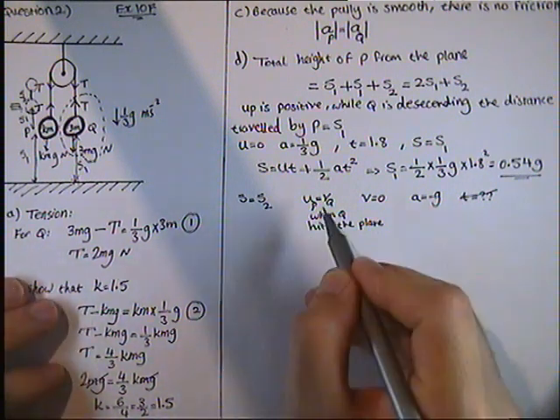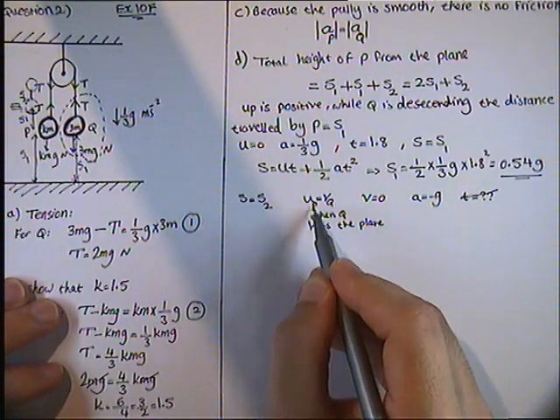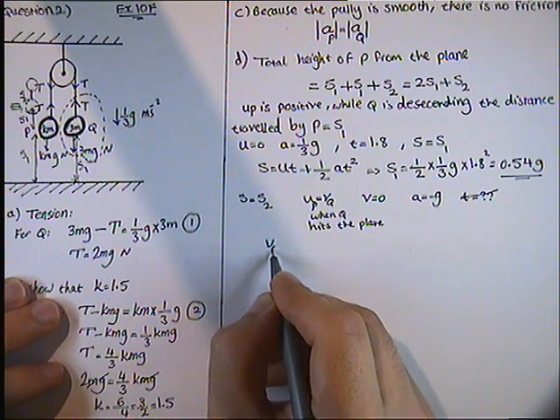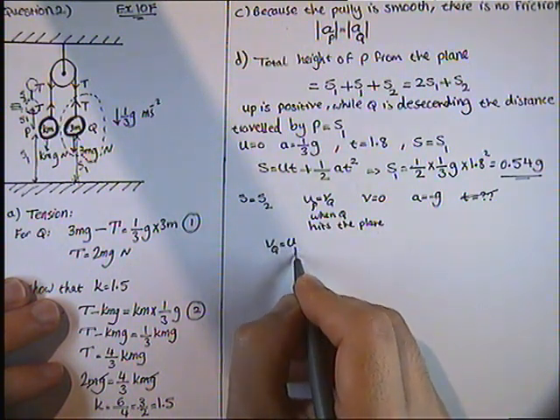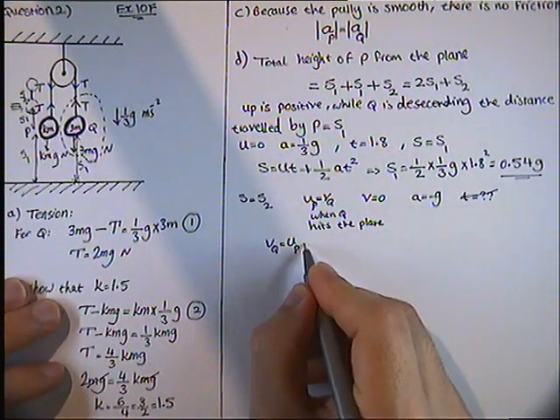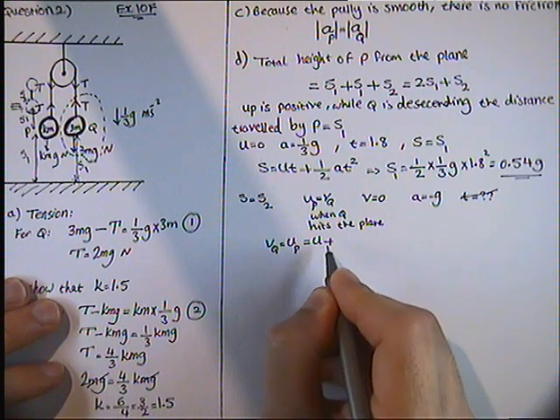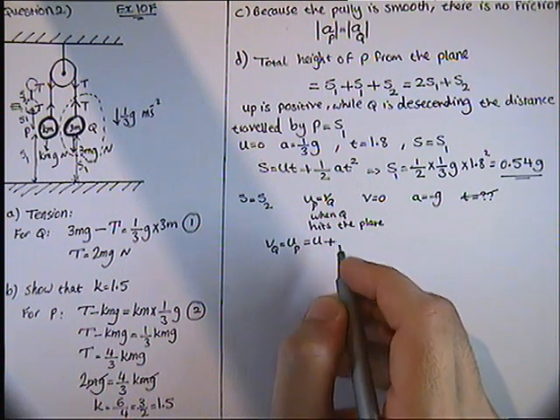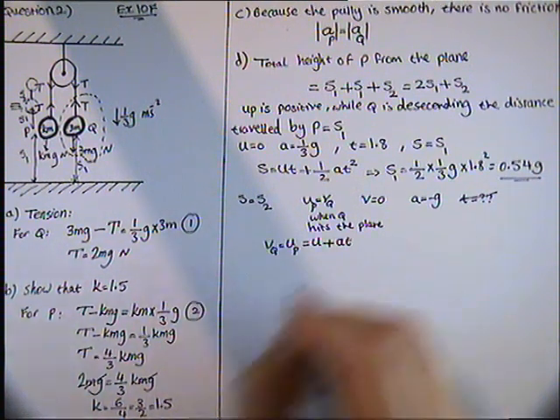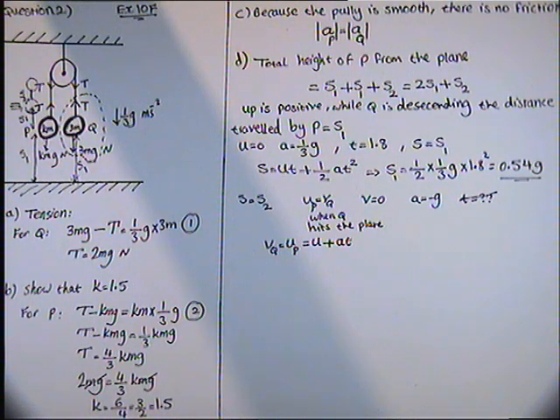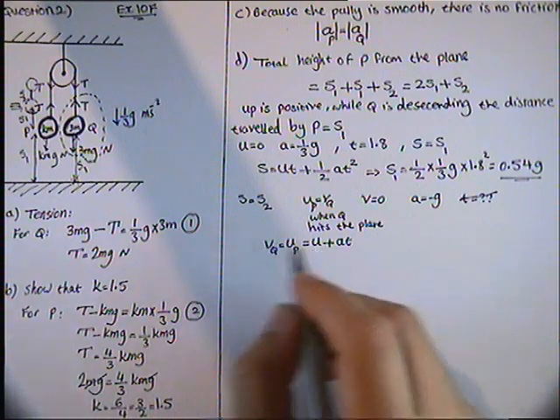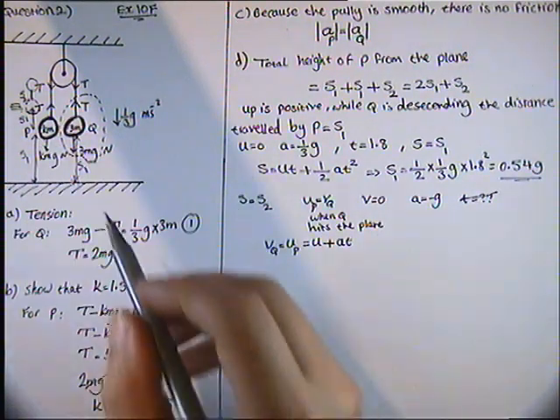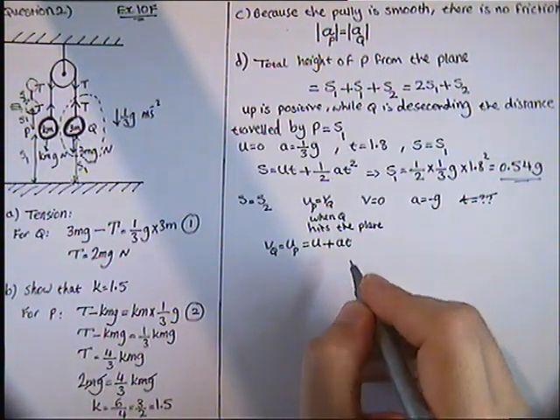So we could calculate v of q, which is the same as u, the initial velocity of p, by using this formula. V of q when it hits the ground, which is u of p at this specific point, is equal to u plus at. The initial velocity at this point is equal to 0.